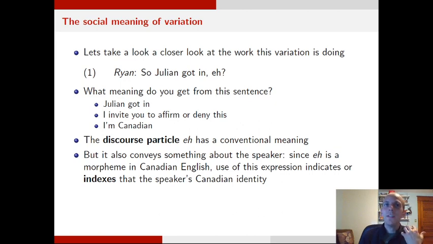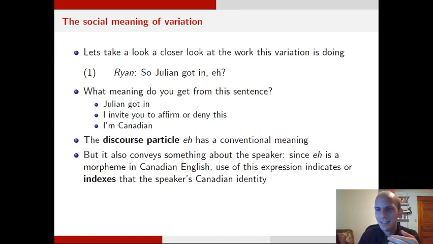And we're going to call that indexation. That "eh" here, this discourse particle, indexes or points to, you can think of it as like using an index finger, it points to Ryan's Canadianness. The use of "eh" indexes Ryan as a Canadian speaker, a speaker of Canadian English, right?